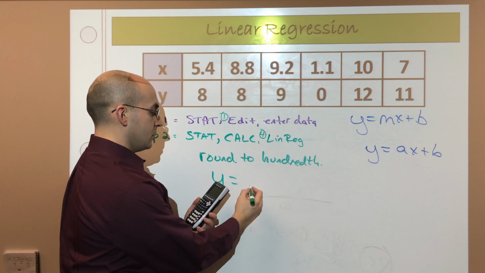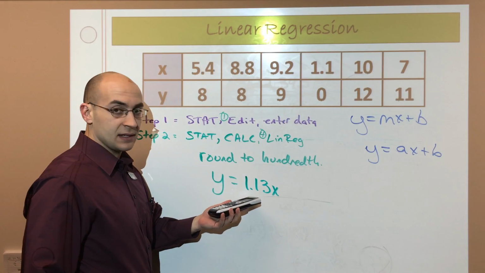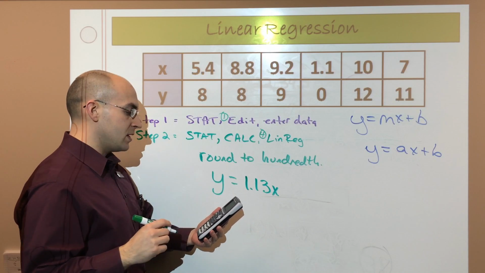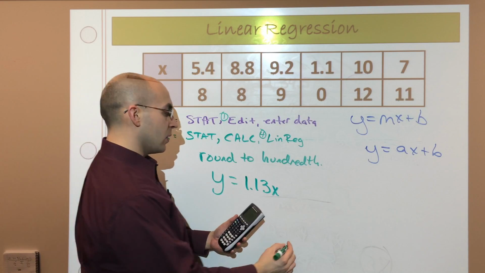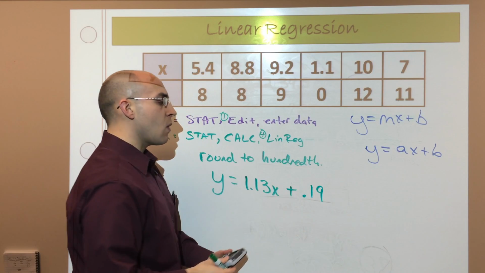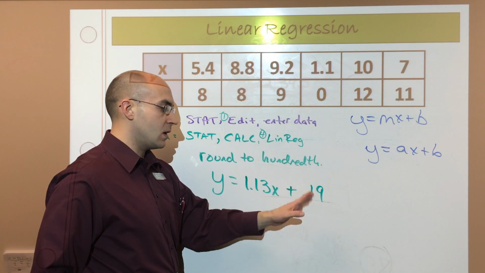I'm just going to round it to 1.13x. That's the slope of that line. It's just a little bit more than 1. B says 0.194, so I'm just going to leave this as plus 0.19. That's the y-intercept. That's where the line pretty much starts on the y-axis.